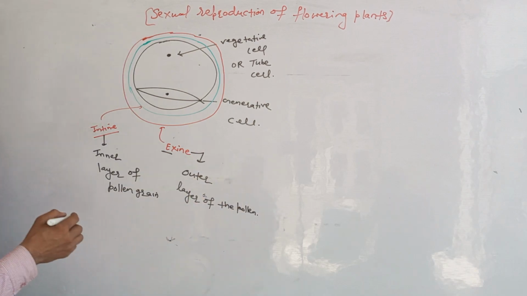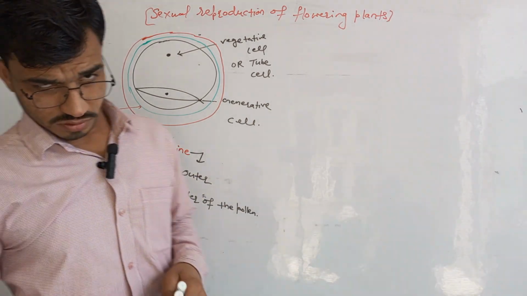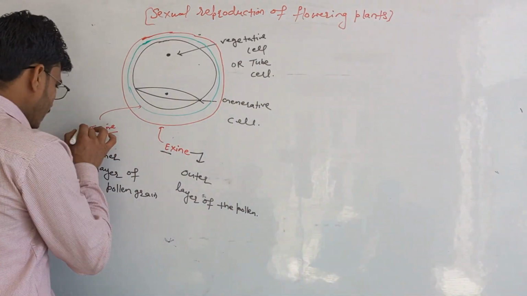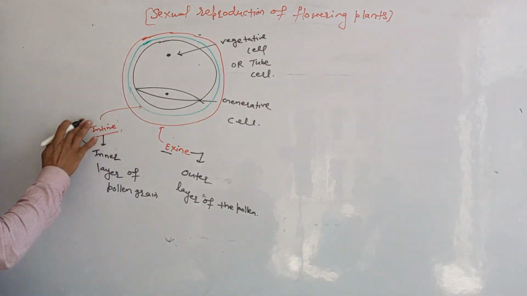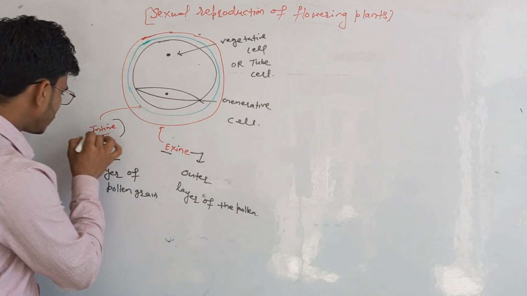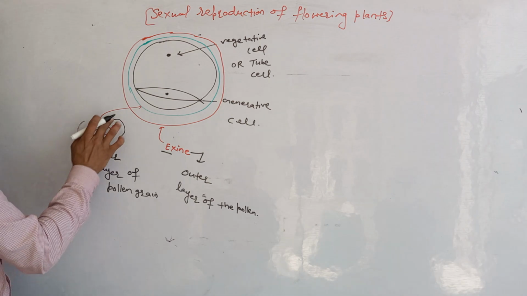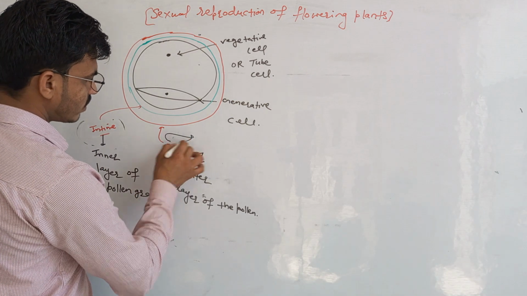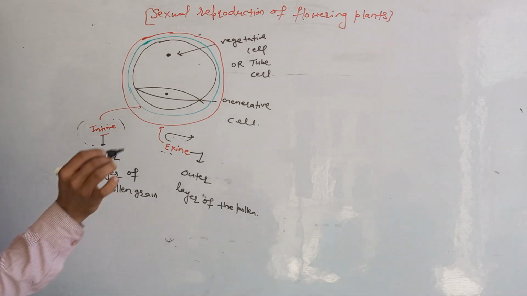The question may arise, what are the constituents or substances present in intine? And a question may arise, exine of pollen is made up of dash.